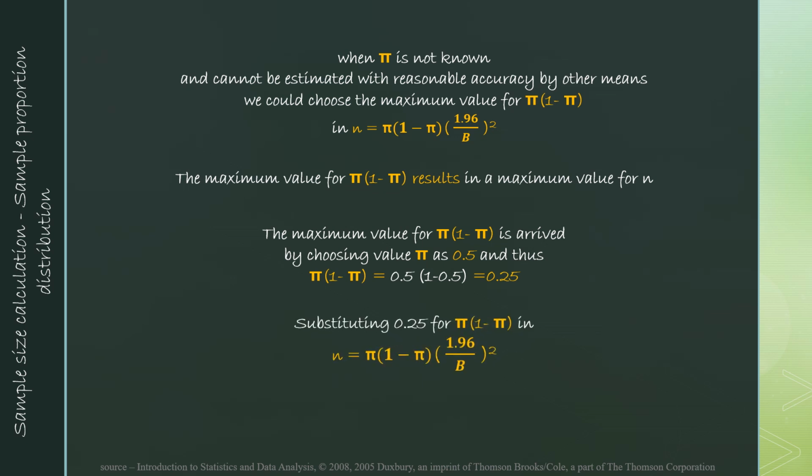Substituting 0.25 for pi multiplied by 1 minus pi in the expression for n, we get n equals 0.25 multiplied by 1.96 divided by 0.05, the whole square, and that approximates to 385.